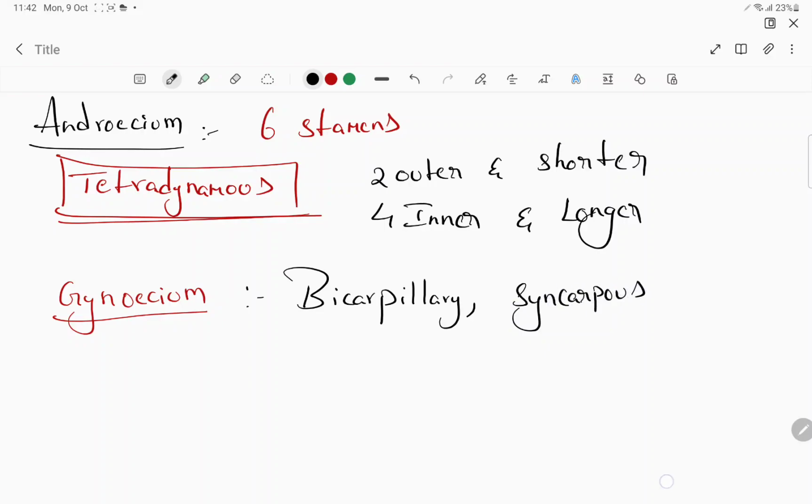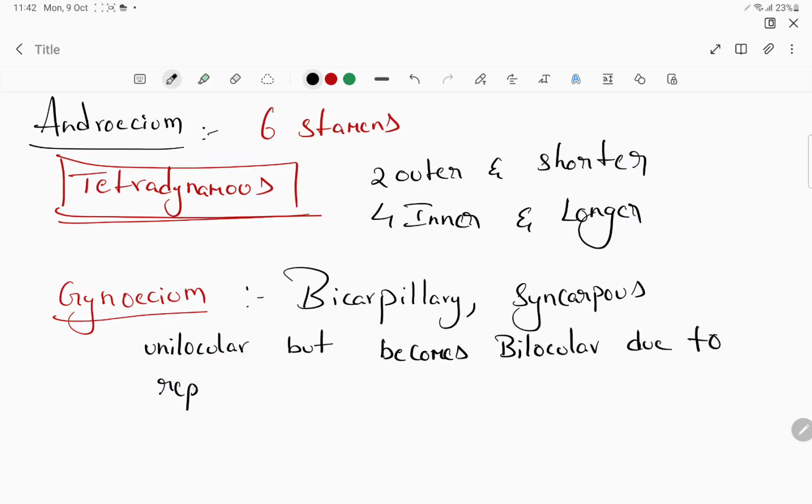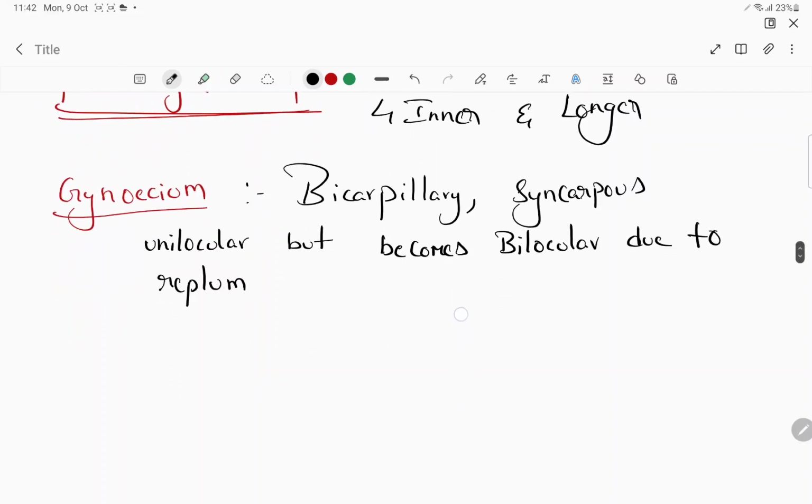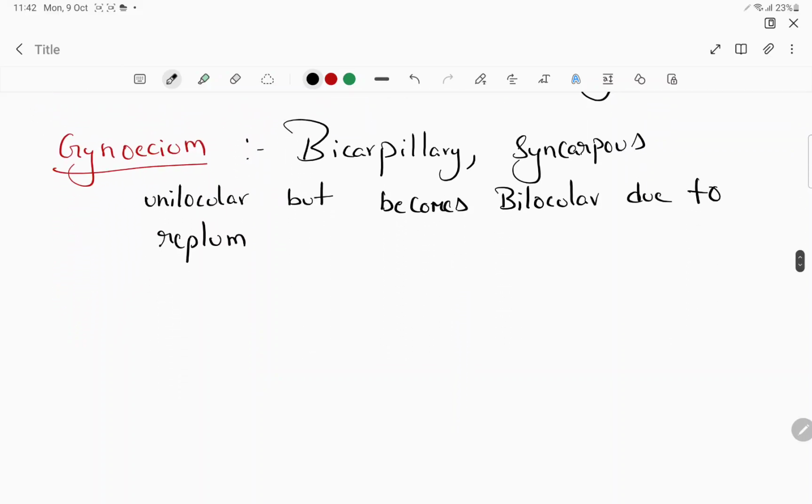But very interestingly, the ovary will be unilocular. This is one of the characteristic features, but it becomes bilocular due to the replum, right? So let's see how this happens.